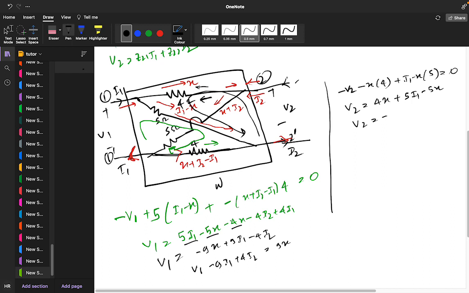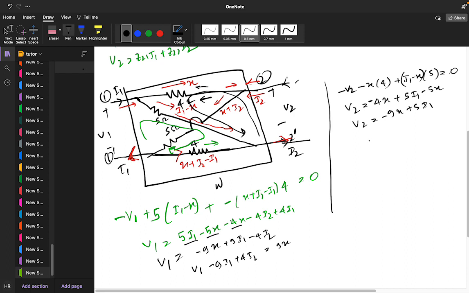So this will come as minus x into 4 plus I1 minus x into 5. If you solve this, V2 will come to this side. Minus 4x plus 5I1 minus 5x. So you are getting minus 9x plus 5I1.